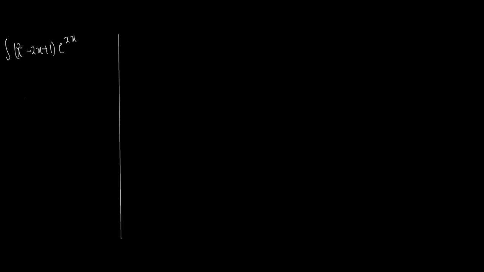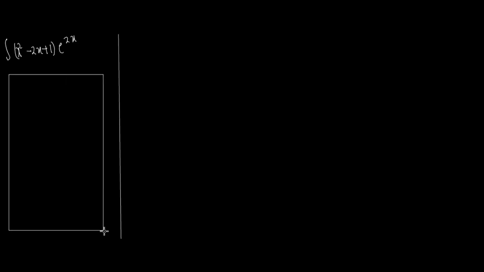So you need to draw a box that will help you organize some information. So first of all, you write the word LIATE. So between these two functions which are here, which one should come first?